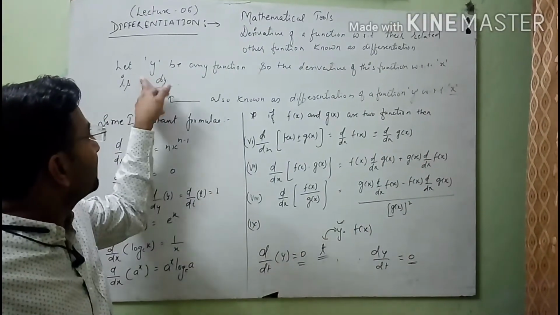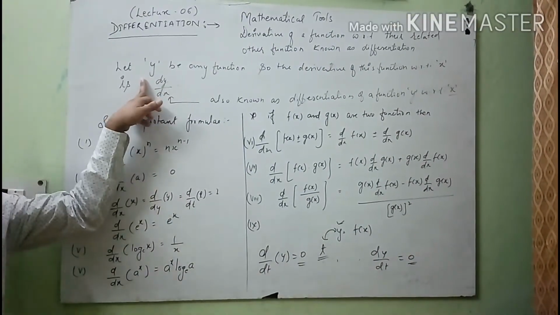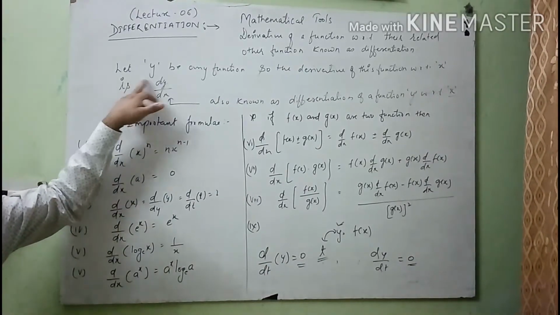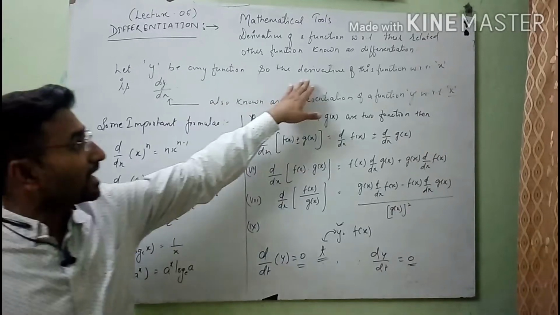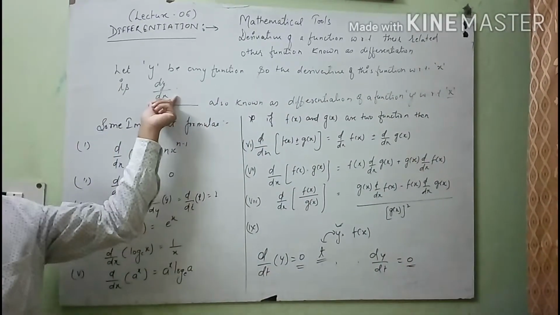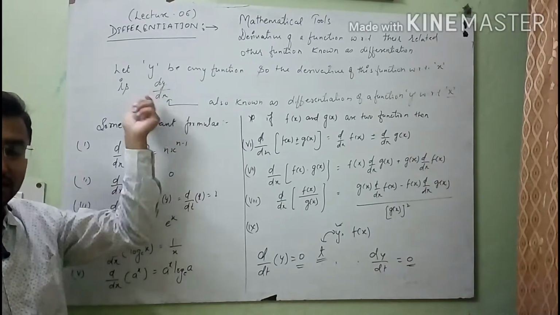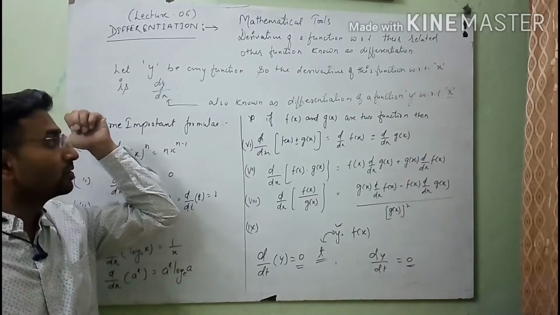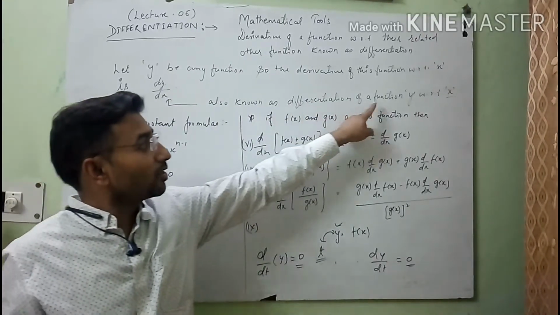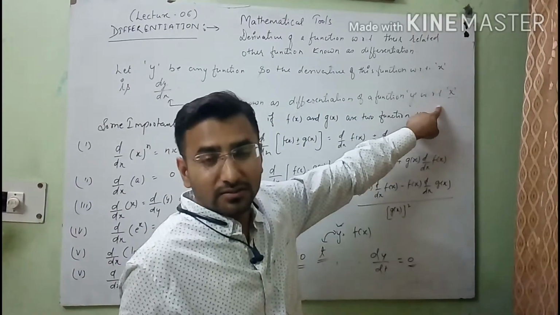Suppose I explain with the same example. Let y be any function, so the derivative of this function with respect to x is written as dy upon dx. All these things we discussed in the previous video. So dy upon dx is called the differentiation of the function y with respect to x.